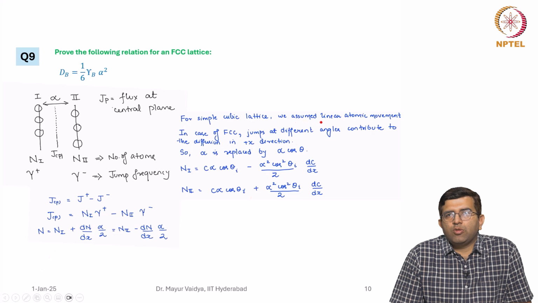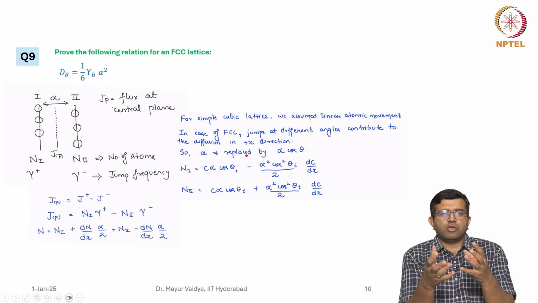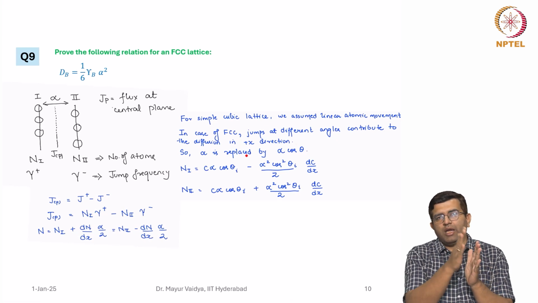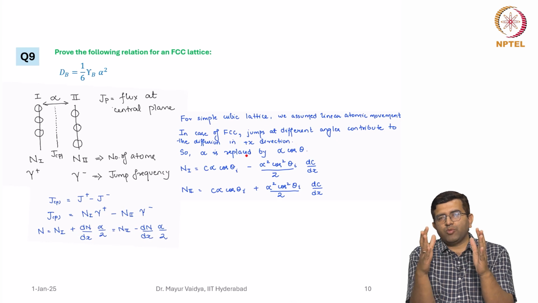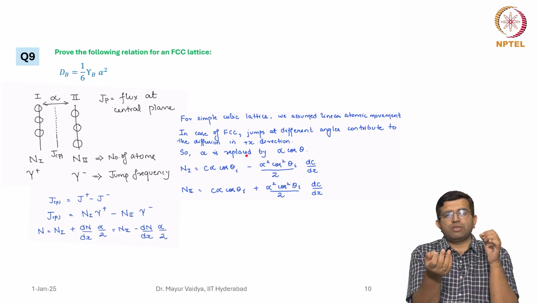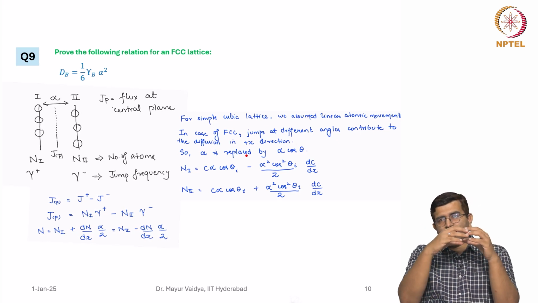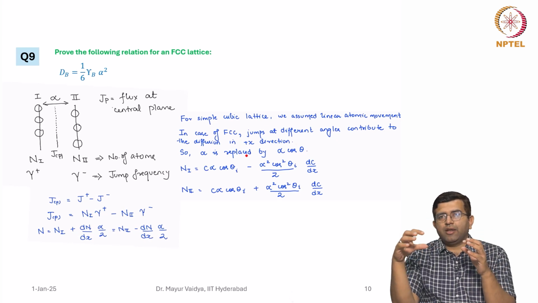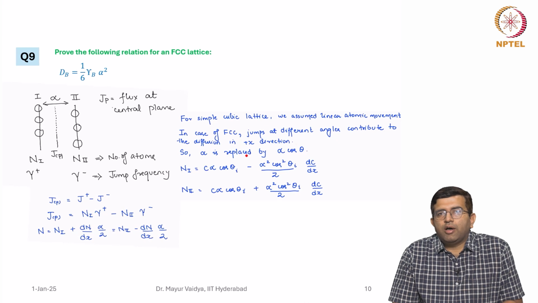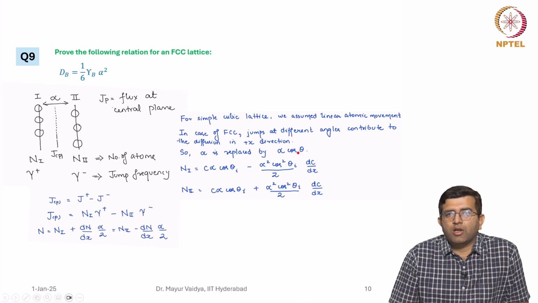For the simple cubic lattice, we had assumed a linear atomic movement. However, in case of FCC, jumps at different angles contribute to the diffusion in x direction. This is the important difference, because in simple cubic we had considered only diffusion in one dimension, the linear movement, but here even if you have to consider diffusion in x direction, it can have jumps which are coming at an angle, and therefore alpha has to be replaced by alpha cos theta.